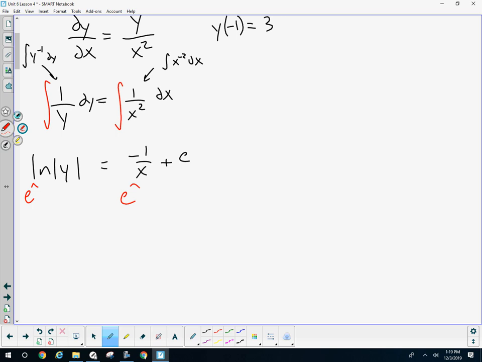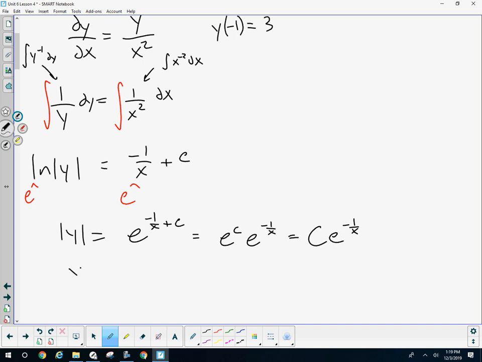But this is where our little manipulations come into play. It would be e to the entire right side. We could rewrite this e to the negative 1 over x plus c as e to the c times e to the negative 1 over x, and then e to the c is just a c.